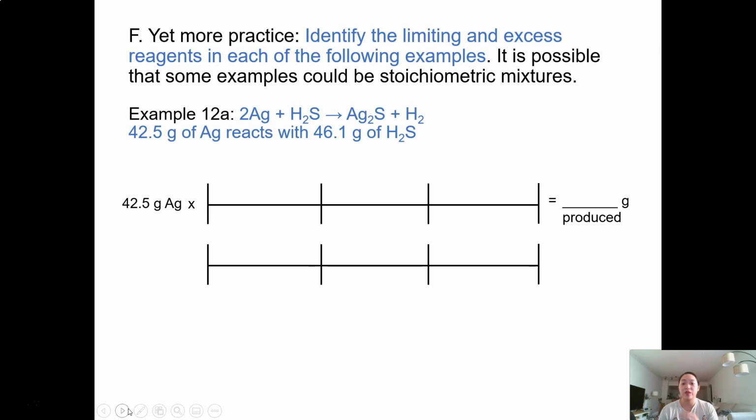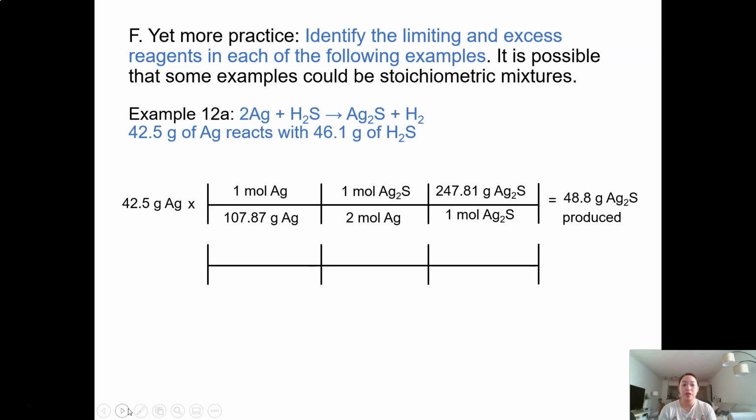First, I start with silver. If I were to use up the entirety of the 42.5 gram of silver, how much of the product silver sulfide would I get at the end? And I'm following the same process where I convert gram of silver to mole of silver, then using the mole ratio between silver and silver sulfide to get to this point, and then converting that back to gram of silver sulfide, giving me the final answer.